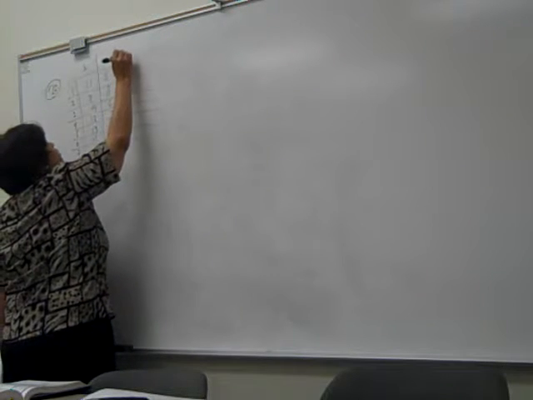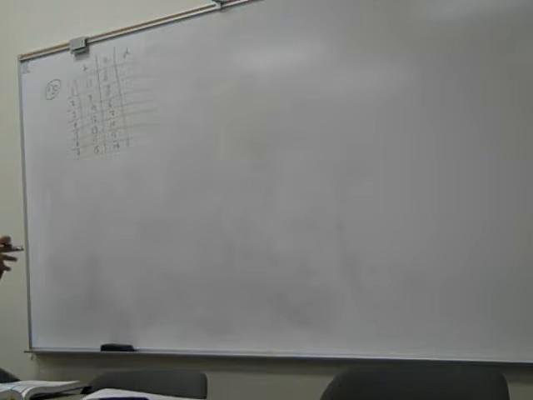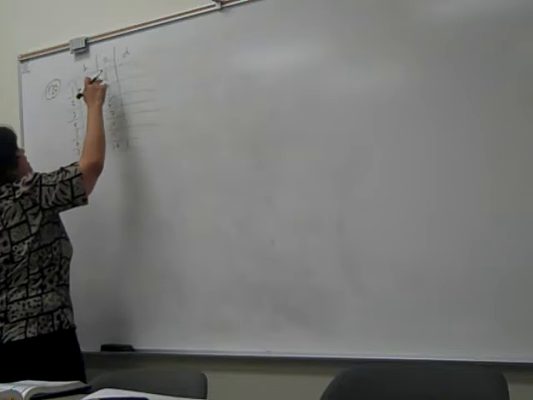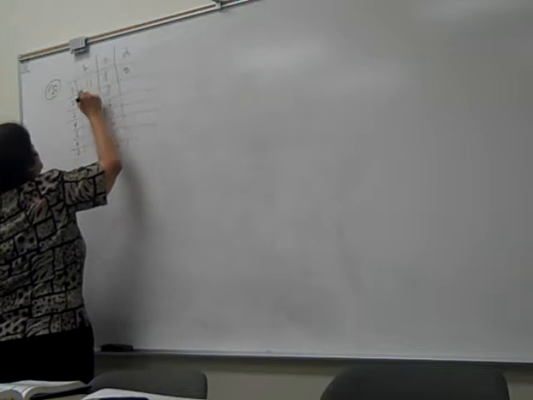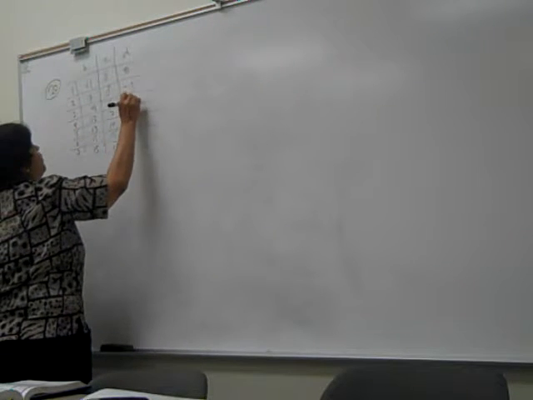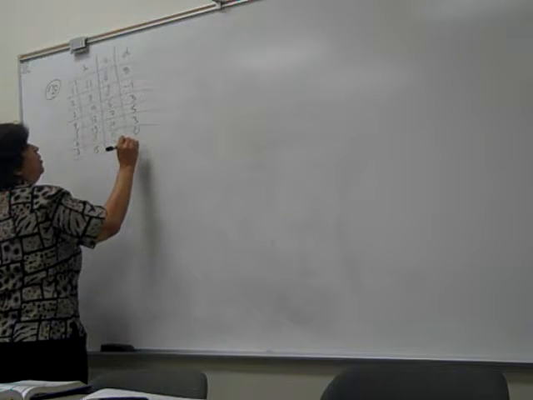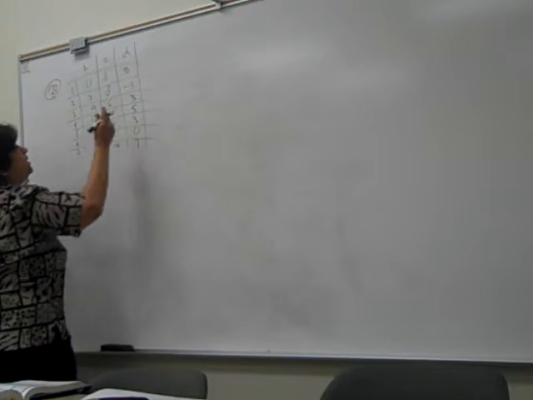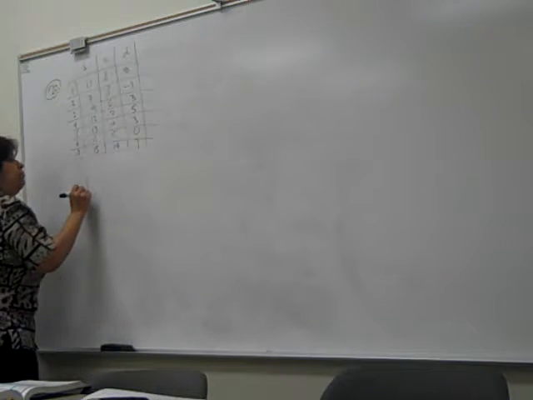Okay, first we need to compute the differences between the two populations, that is really what we are interested in. 11 minus 8 is 3. 7 minus 8, negative 1. 9 minus 6 is 3, is 5, 3, 0, and 1. Okay, that's the difference.